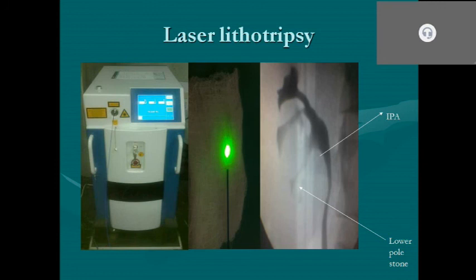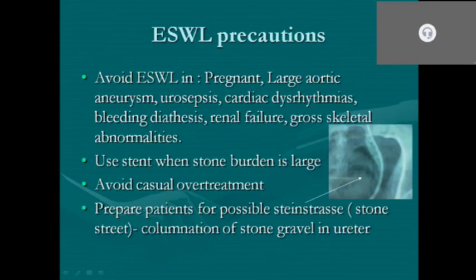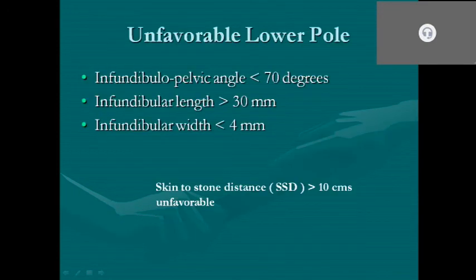See here, the infundibulopelvic angle. This is the calyx, this is the infundibulum. The infundibulum joins the minor calyx, major calyx, infundibulum, pelvis. So this is the infundibulopelvic angle. What happens if the infundibulopelvic angle is less than 70 degrees?